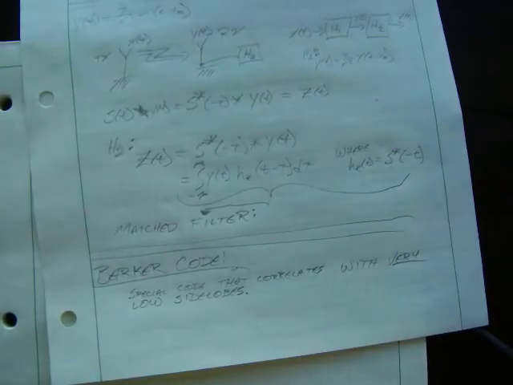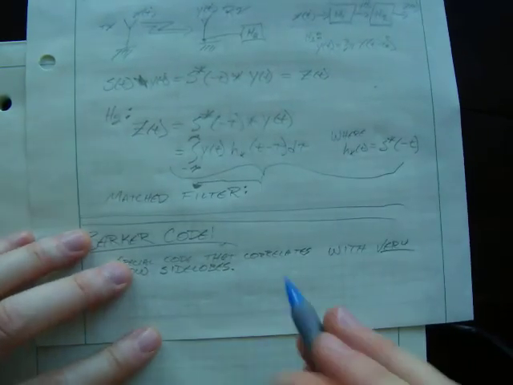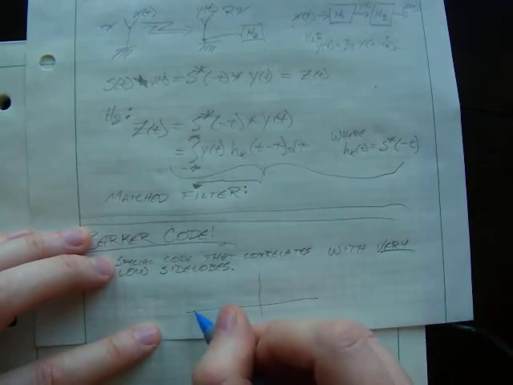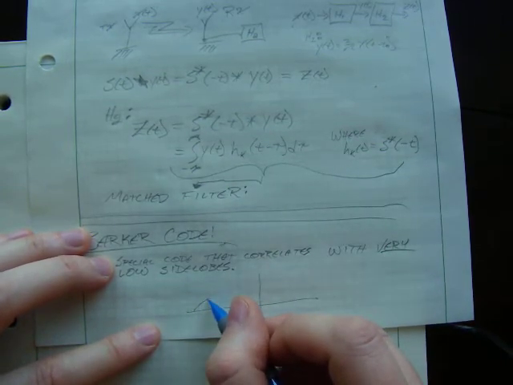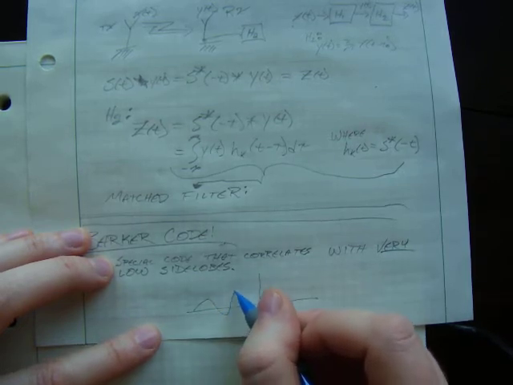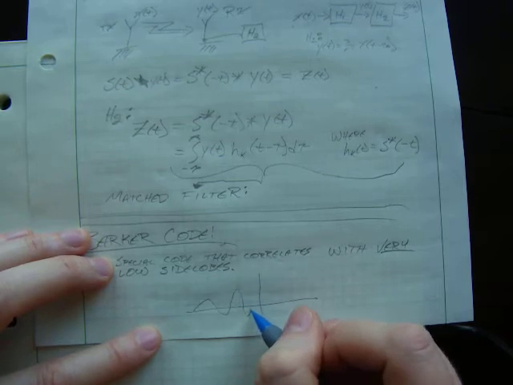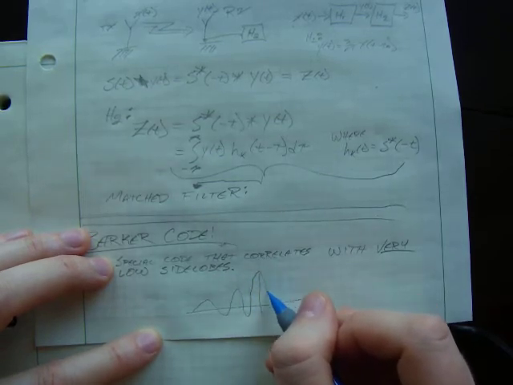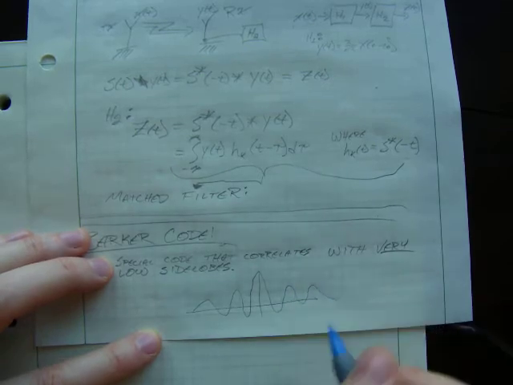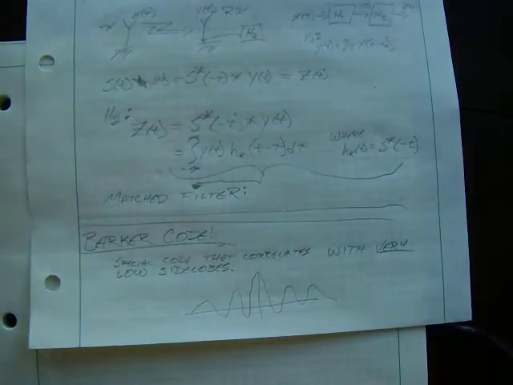In the last class, if you remember, we were talking about the correlation of a sinusoid. We saw that when a sinusoid correlated, it had a little loop, then went down, then up a little higher, then down, and then all the way up to a high correlation, and then down and up again.